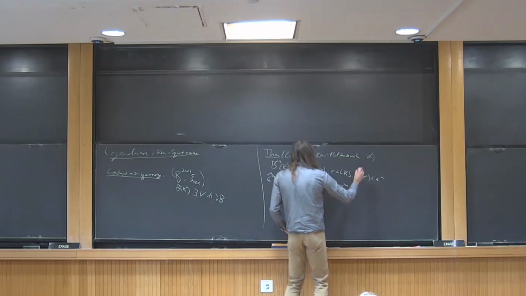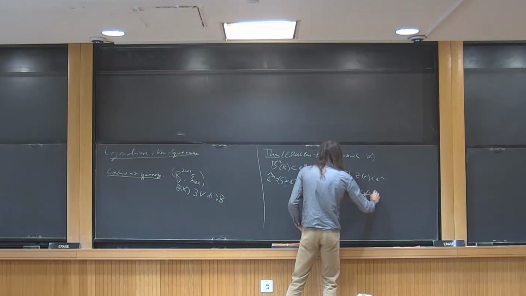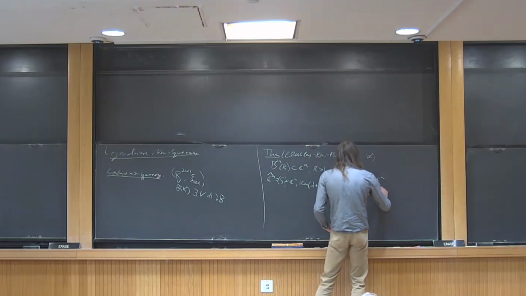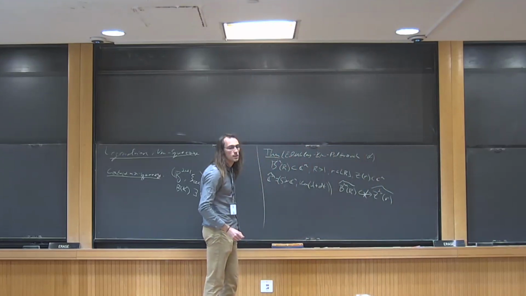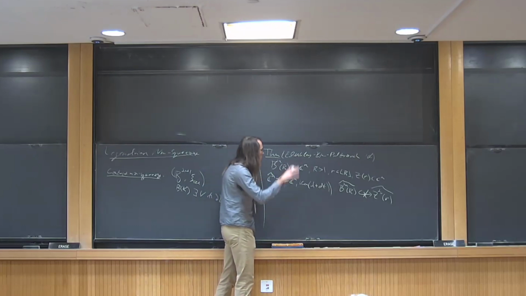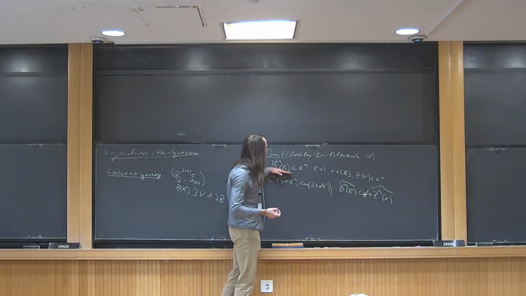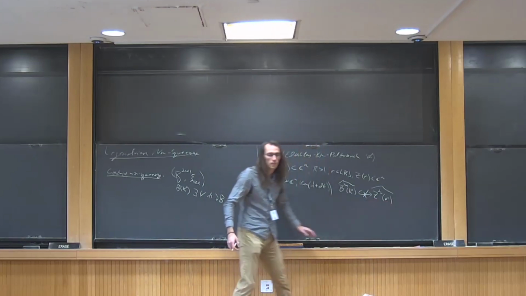Then there's no contact squeezing of the pre-quantization of this ball into that of this cylinder. What I mean by contact squeezing is that there's no compactly supported ambient contact isotopy of S^1 cross C^n that moves this ball to be completely contained in the pre-quantization of this cylinder.